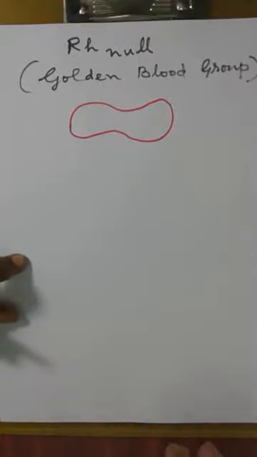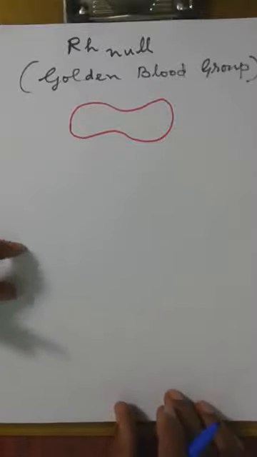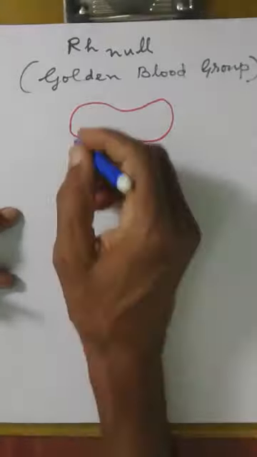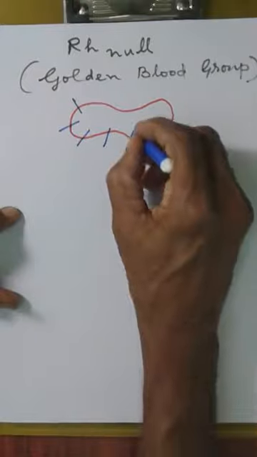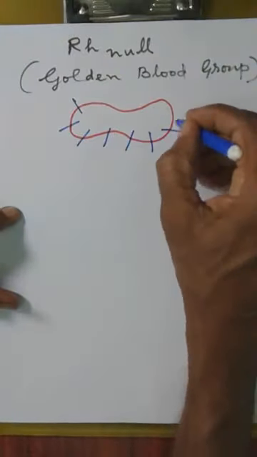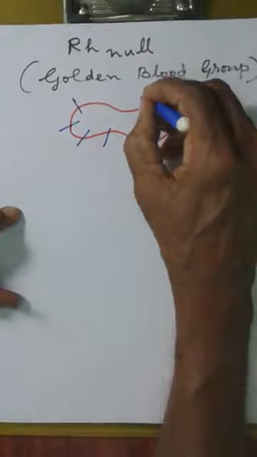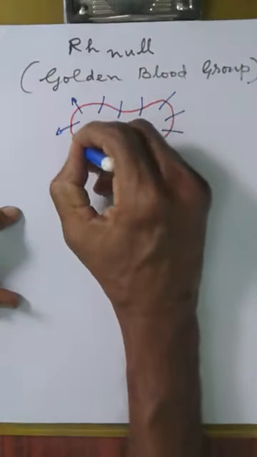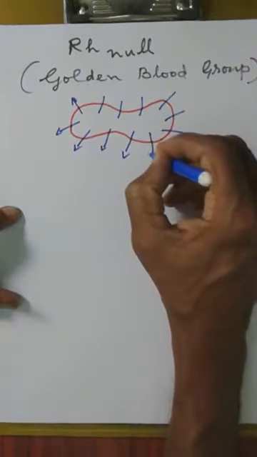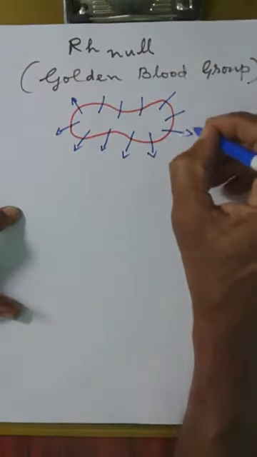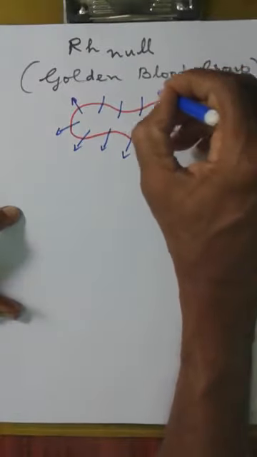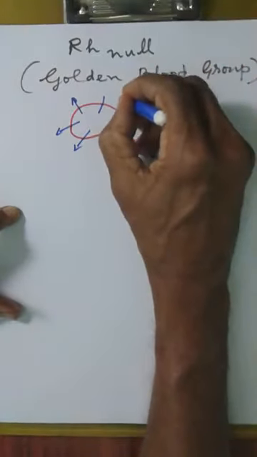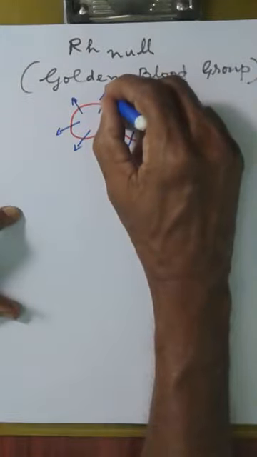It can be protein or sugar or any such molecule. These are all called antigens. Thousands and thousands of antigens are sticking there.